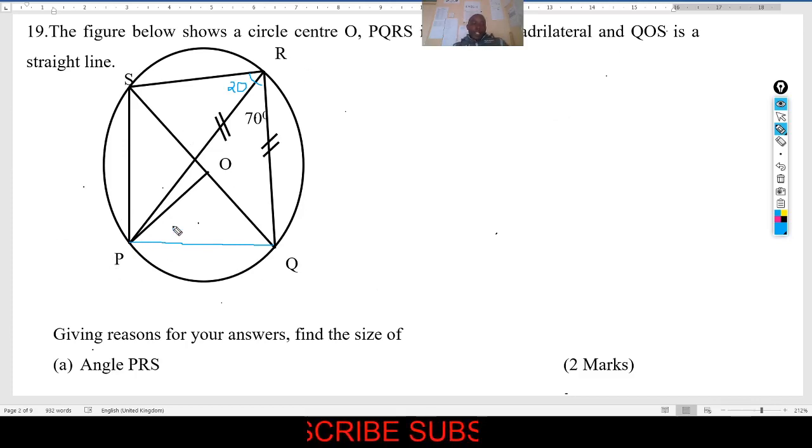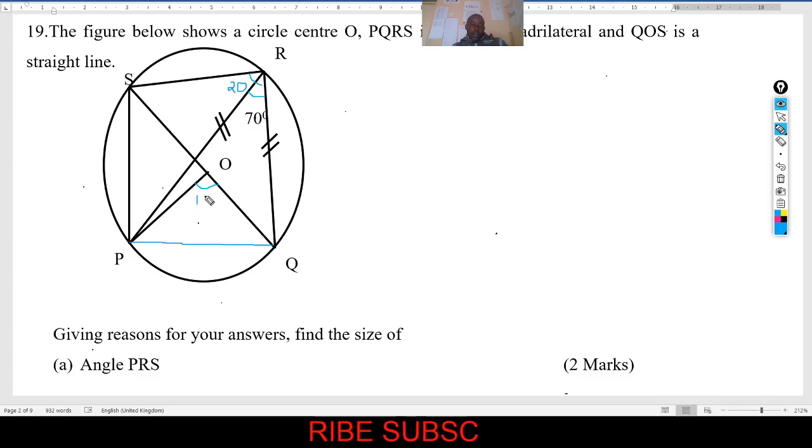We also understand that if this is the center, we can easily find this angle. Chord PQ subtends an angle at the center. The angle subtended at the center is twice the angle subtended at the circumference by the same chord. Chord PQ subtends this 70 degrees at the circumference, and the same chord PQ subtends this angle at the center.